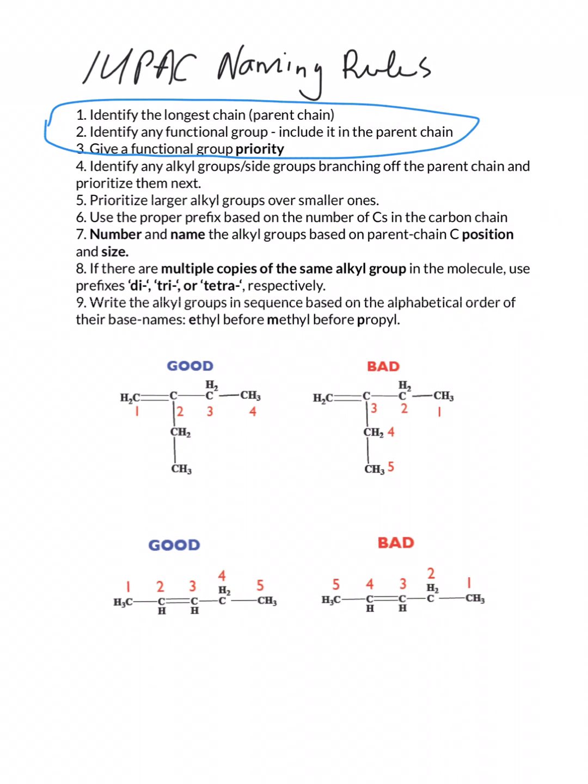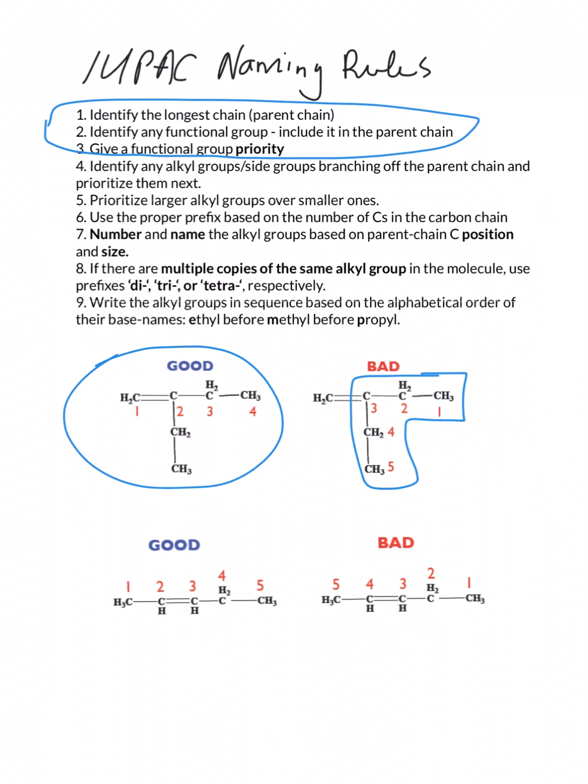I'm trying to show that in this one here, okay, where you can see that if you're just looking for the longest chain of carbons in a row, it's actually 5. So if you turn the corner here, you count 1, 2, 3, 4, 5. But it wouldn't be right to identify the one on the right as the parent chain in this case, because the functional group, the double bond, has not been included in that parent chain.